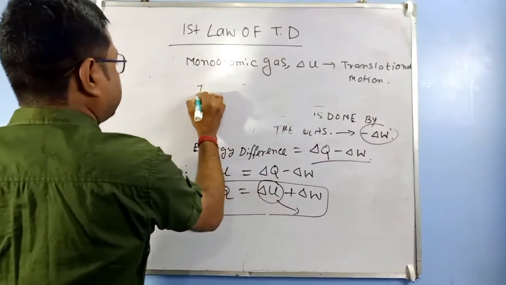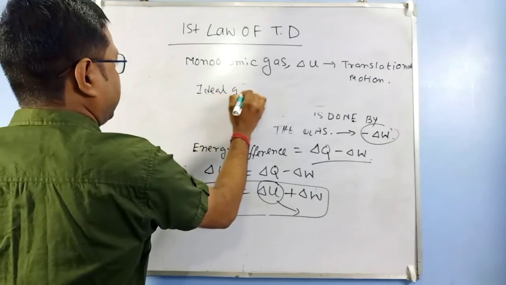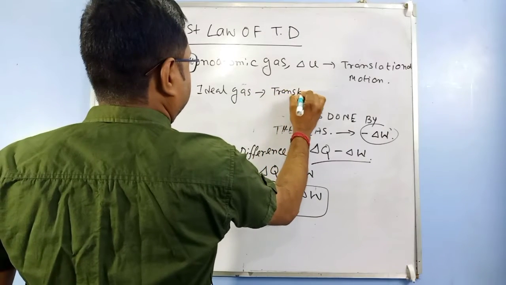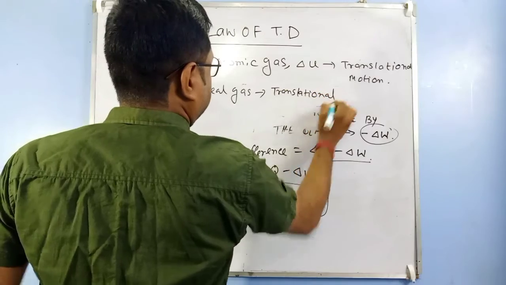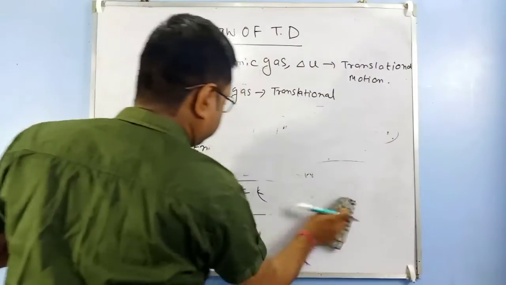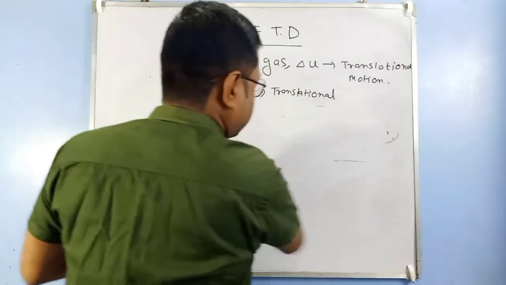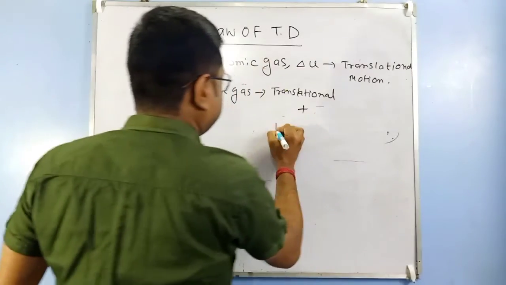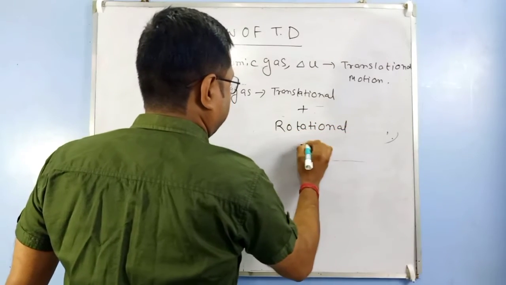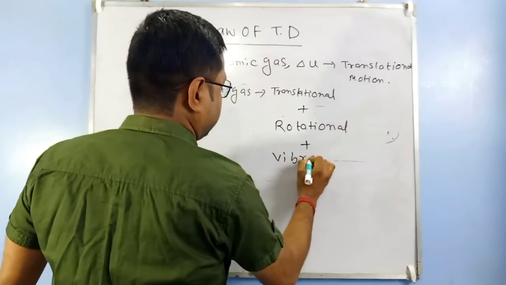But in the ideal case, for an ideal gas, internal energy is the sum of translational plus rotational plus vibrational motion.